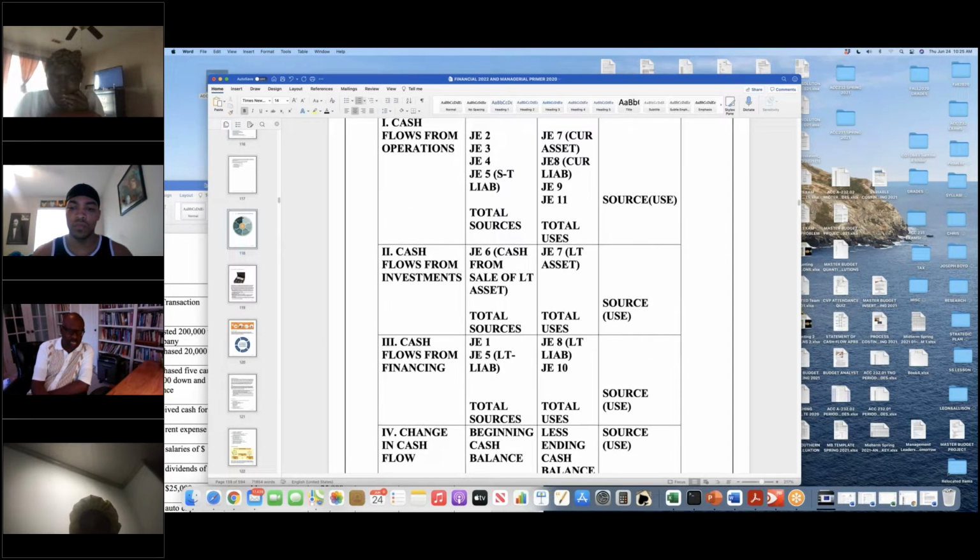Part 3 consists of, on the source side, cash contributed by owners and long-term loans. Short-term loans are up in part 1, long-term loans in part 2. Then we look at repayment of long-term loans versus receiving them, and then payment of dividends.